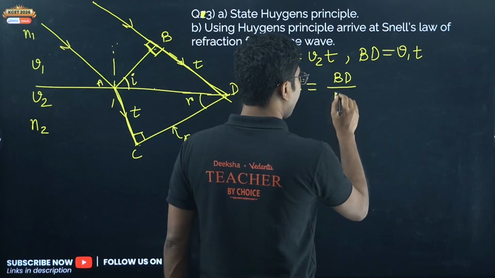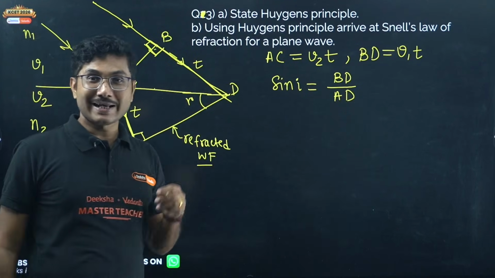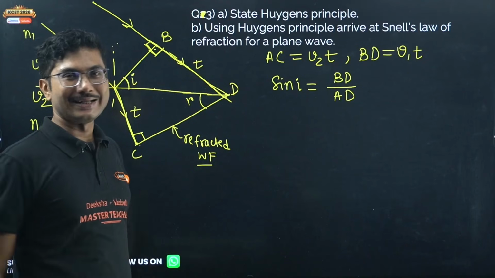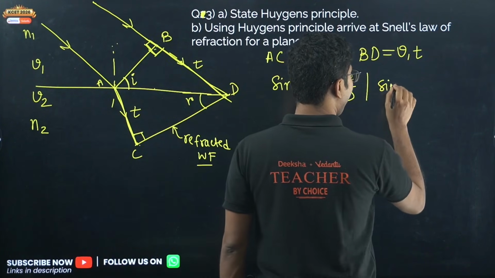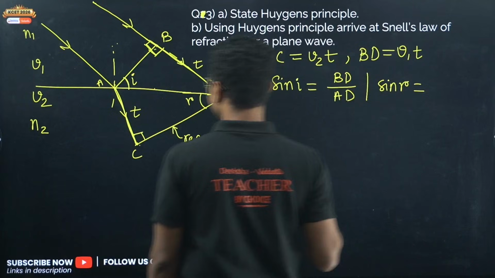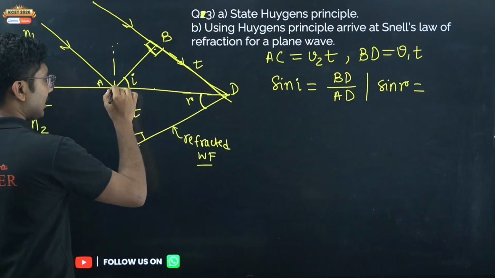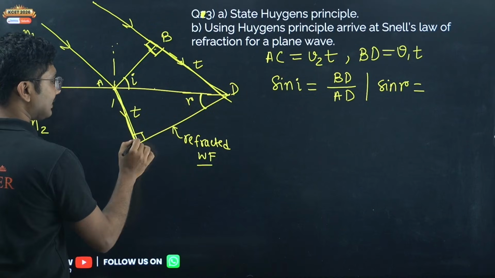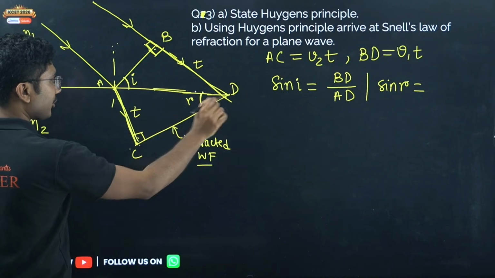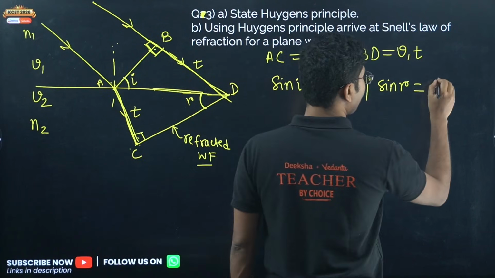Here we don't need to do any small angle approximation because sin I can be any value. What about sin R? Again, this is the angle of refraction, so this will be the opposite side, AC divided by AD. This is 90 degrees, the hypotenuse is AD and the perpendicular is AC, so sin R is AC by AD.